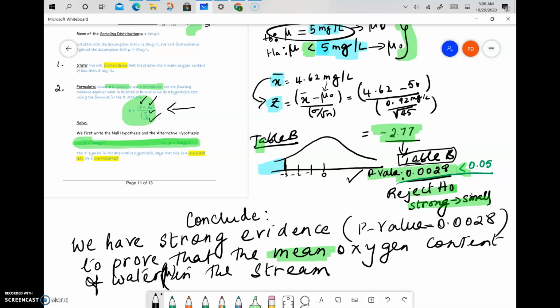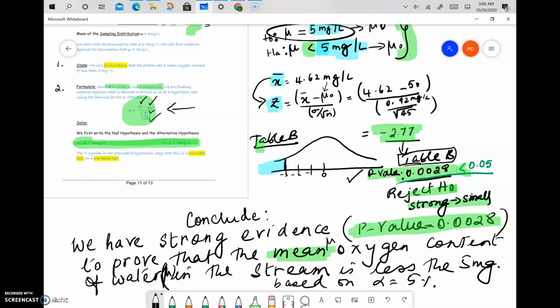Remember to write down mu. When I say mean, it is mu. In the stream is less than 5 mg per liter. So here, the key evidence is the p-value. The p-value helps us make a conclusion based on alpha equals 5%. So this result was significant. That's how we say it.